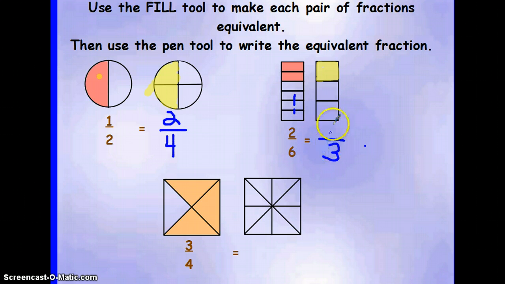If we look at how many pieces are shaded, we can see that there's only 1/3. Therefore, we can infer that 2/6 equals 1/3 because the same amount is shaded. Now I'd like you to pause the video and please figure out this on your own and write the answer on your Cornell notes.